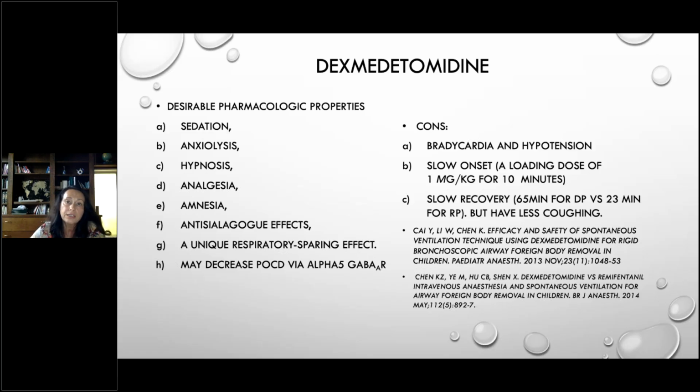The downside of using dexmedetomidine is the hemodynamic effects, which are bradycardia and hypotension. The onset is a bit slow, so it cannot be used for induction because the loading dose is given over 10 minutes, and the recovery is also slow.